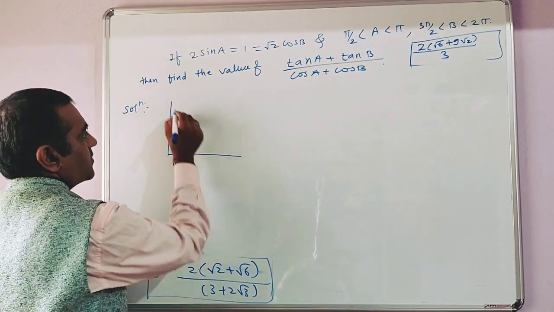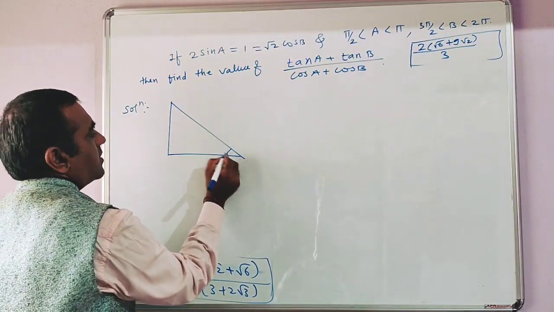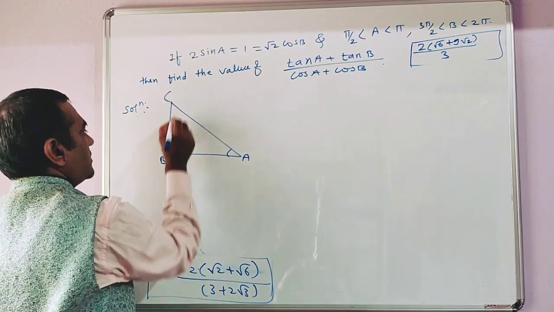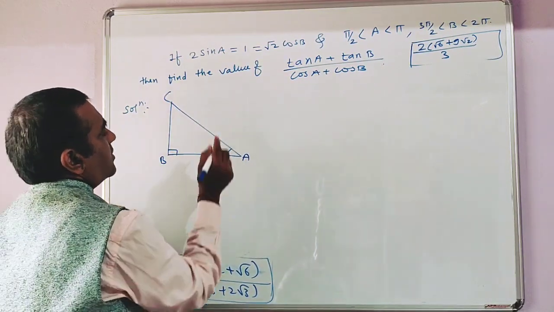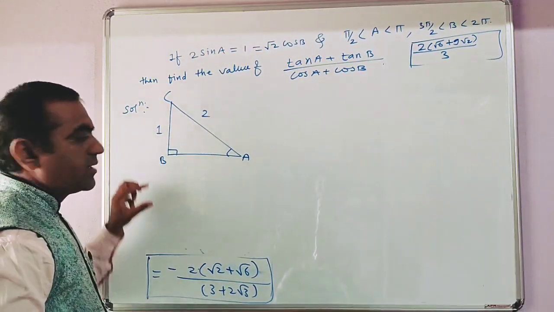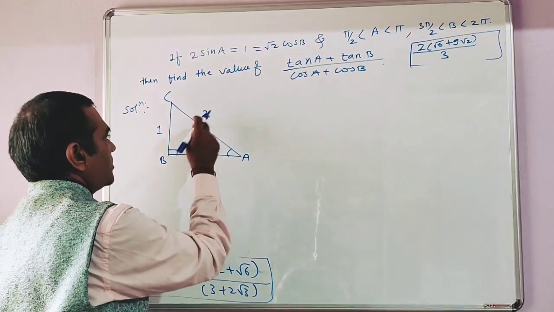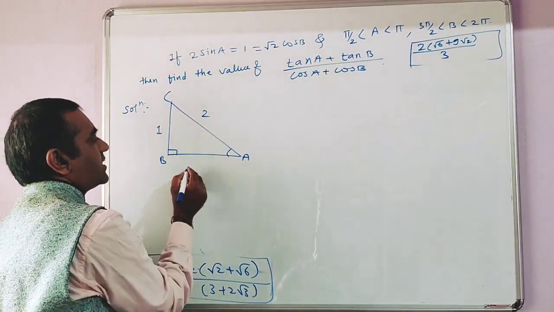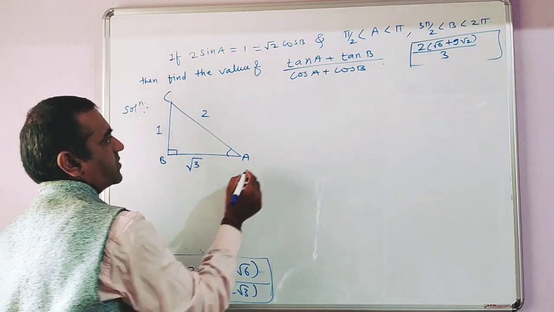See, A. Now what about A? 1 by 2, opposite upon hypotenuse. 2 square is 4, 4 minus 1 is 3, square root of 3.